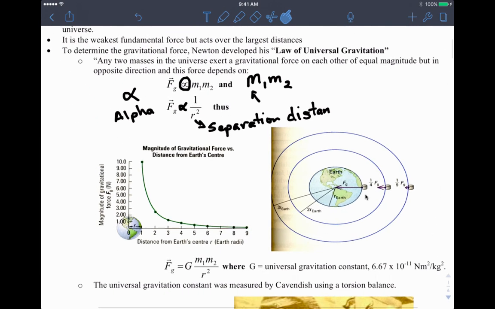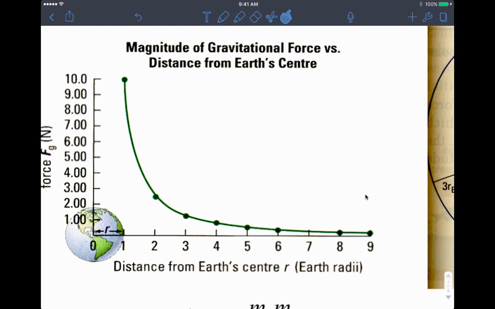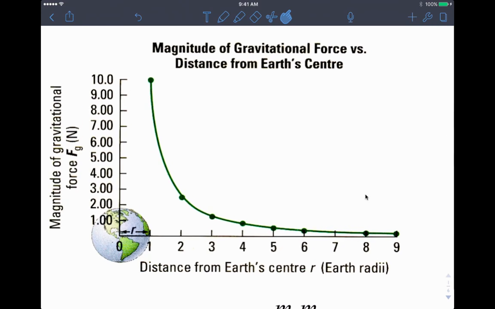So just to show you what that really looks like, these two graphs here, let's look at this first one. This one shows the magnitude of the force on the y-axis and the distance from the Earth's center as just r, or 1 Earth radii.